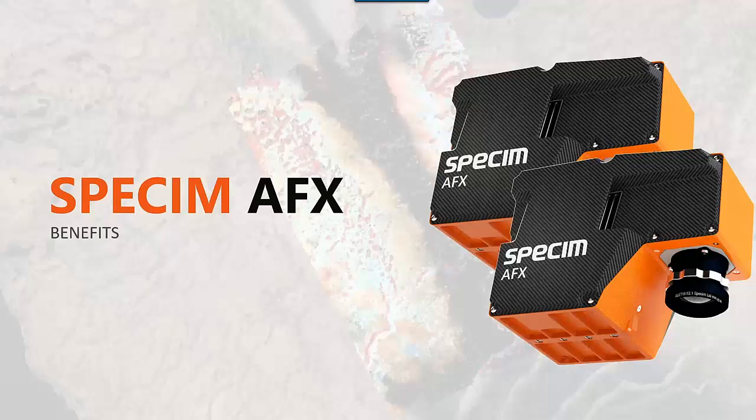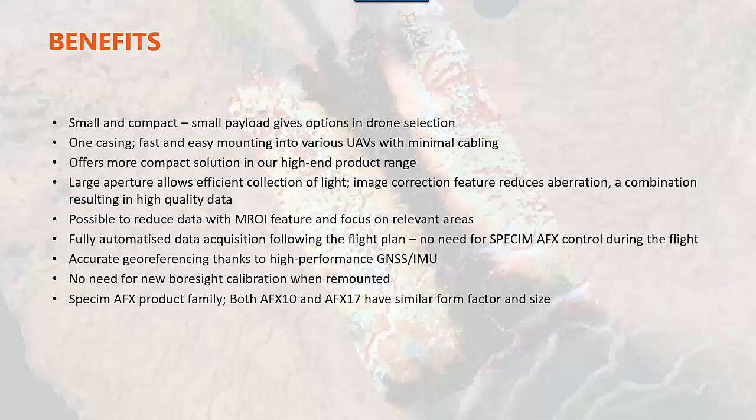So what are the benefits of the Specim AFX series? Because it's small and compact, it's easier to mount that for different drones and you have more selection available. Since we have only one casing, it's very fast and straightforward for mounting and only minimal cabling is required. The AFX series offers us a more compact solution in our high-end product range.